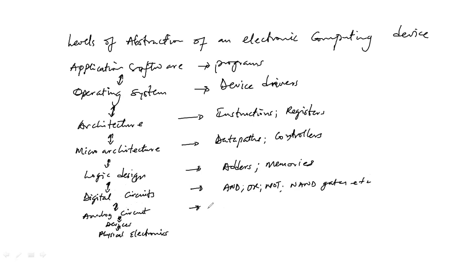So for the analog, we have amplifiers, filters. For devices, we have transistors, diodes, and for the physical electronics, we deal with electrons.